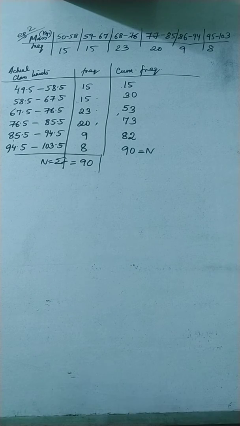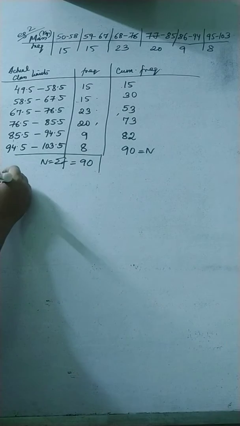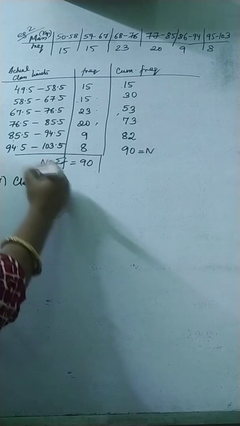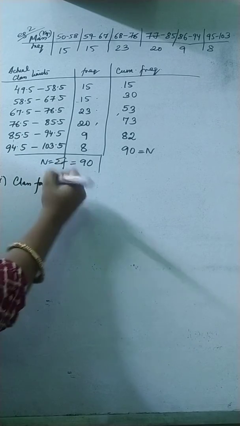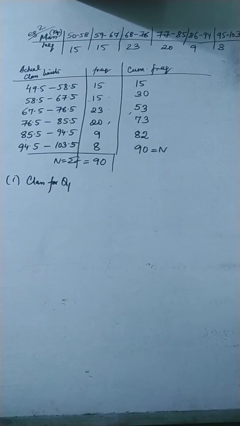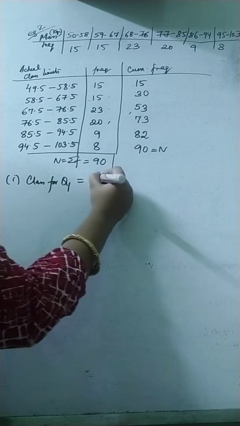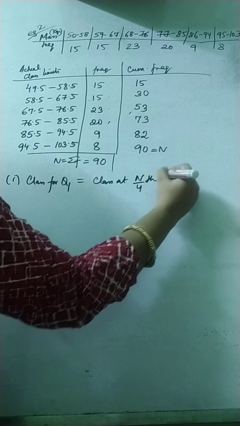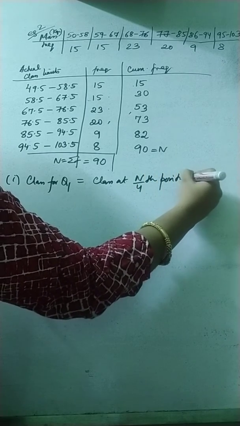Okay, so let us do the calculation part now. The first sub part is the class for Q1. How will we calculate? It is the class at the n by 4th position.